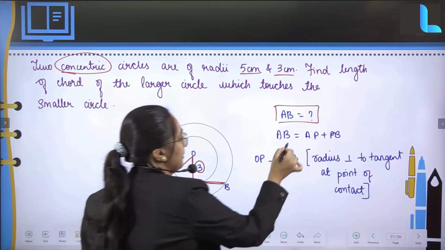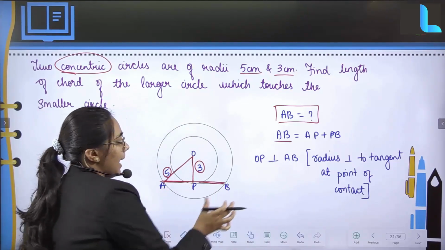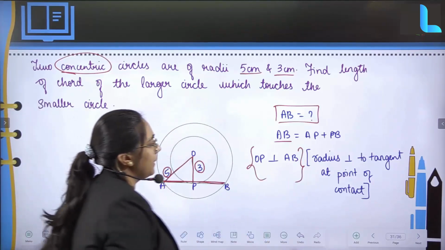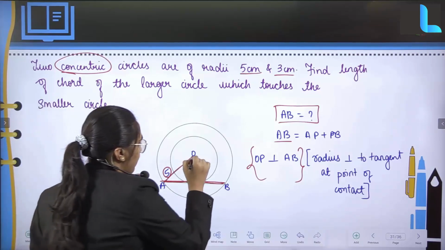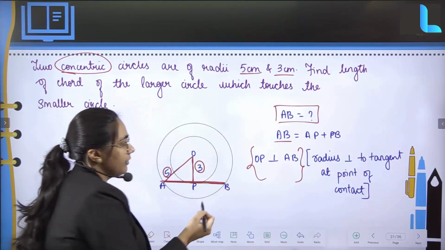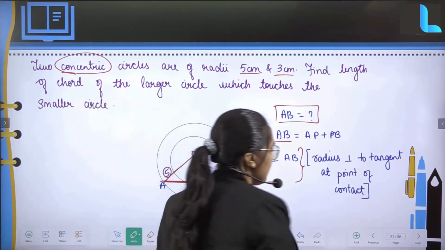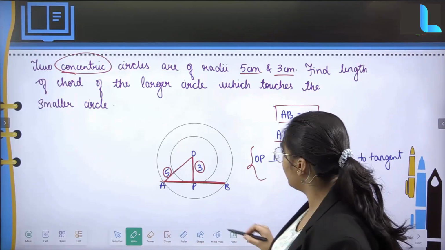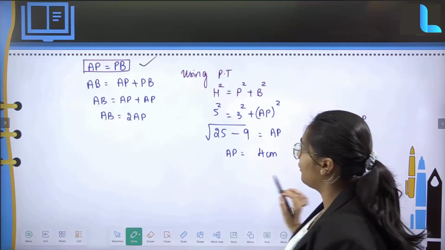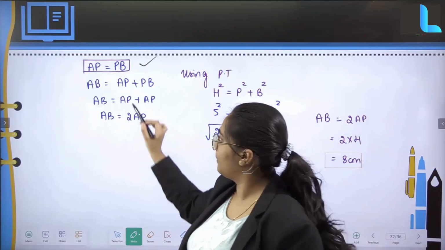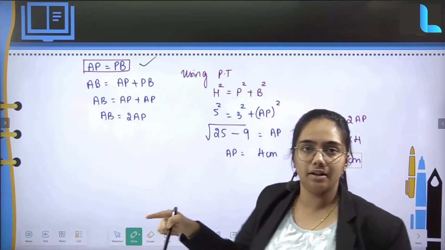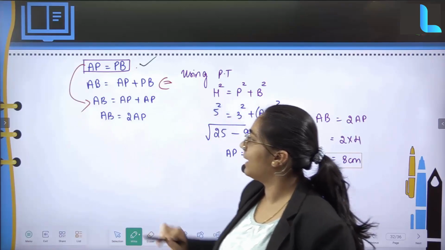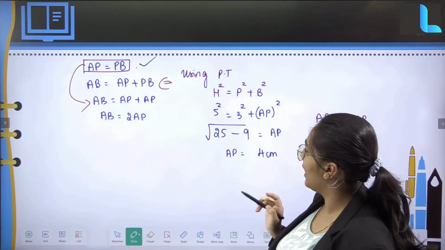So how do you find AB? AB is nothing but the sum of AP plus PB. Over here also, OP is perpendicular to AB, for which it is going to form 90 degrees. That is what I can get first and foremost. AP is equal to PB. Now the next thing: as I said, you have considered in the previous slide, the same thing, if I write over here, AB is equal to 2 times AP.